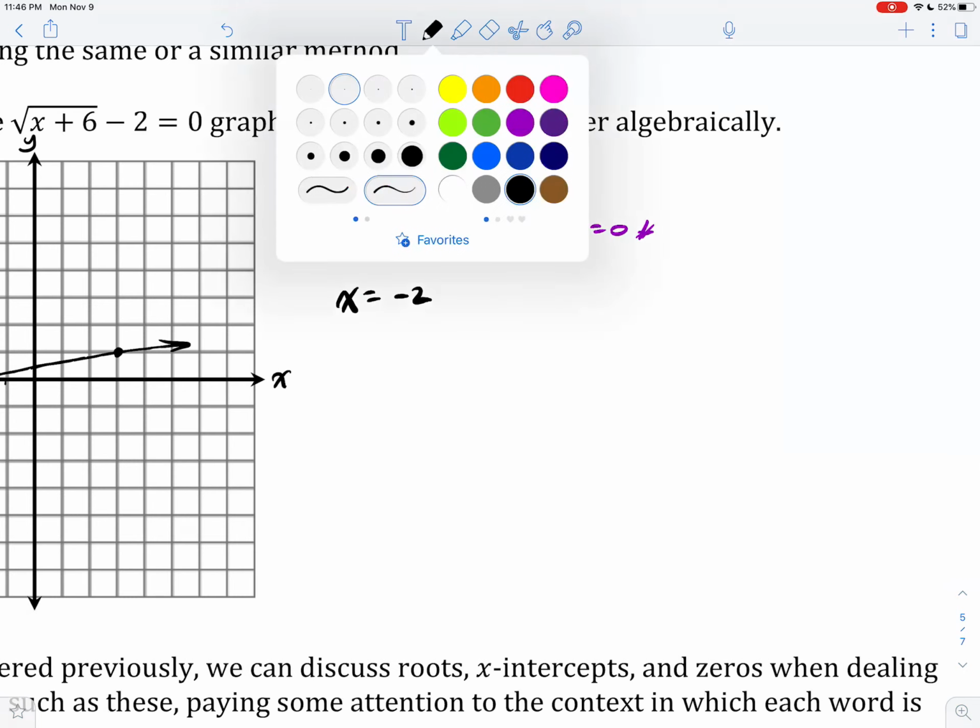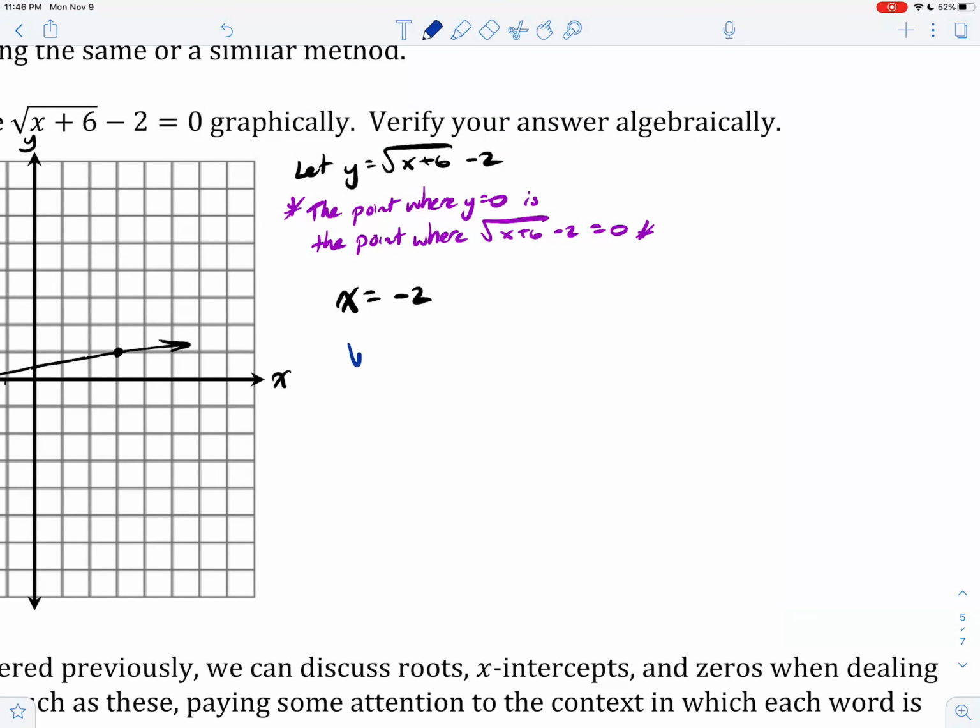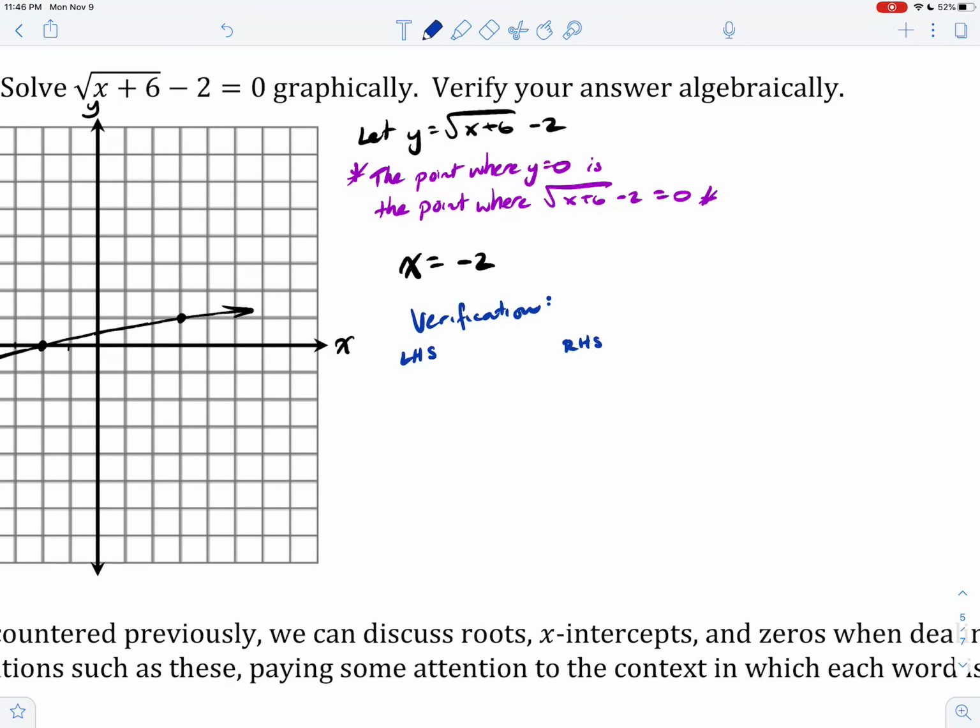And we can verify this. Now we have a bunch of different types of equations, and some of these types can have extraneous answers. So whenever you verify, make sure you treat the left side and the right side separately. So on the right hand side, we just have 0.